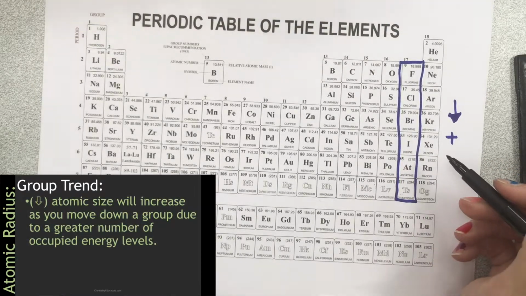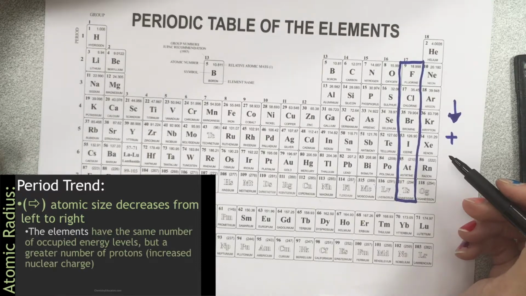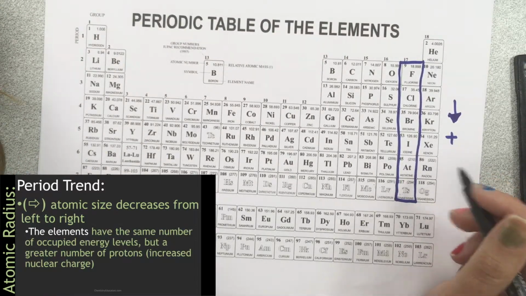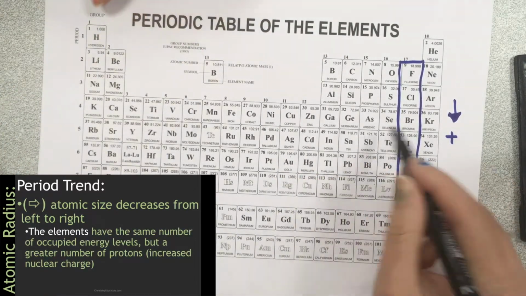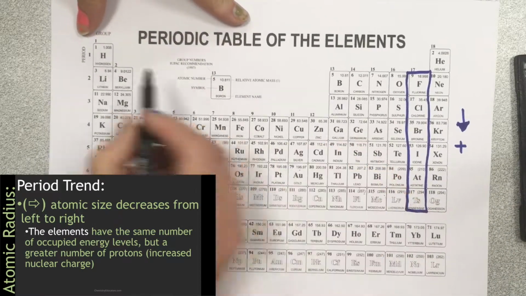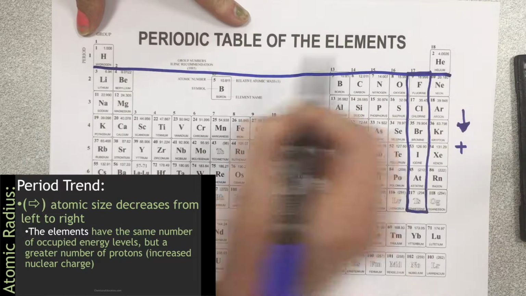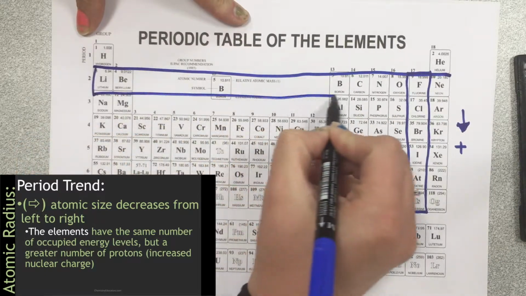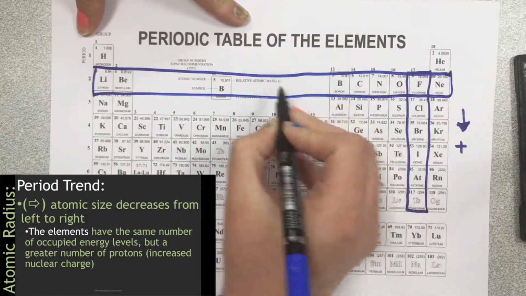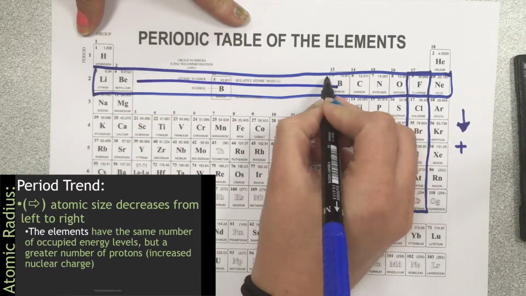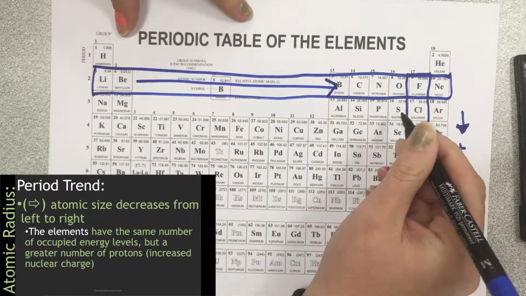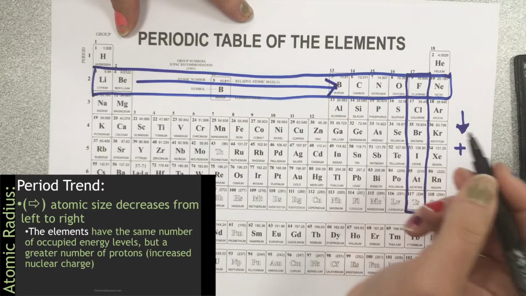Sorry, I forgot I had a double slide there. So the periodic trend for going across a period. For example, let's take this period. As you go across this period, the atomic size will decrease.